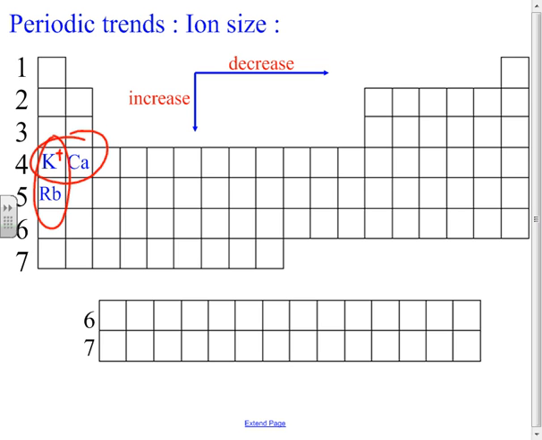Potassium will form a 1 plus ion because it only needs to lose 1 electron to become like argon, the noble gas before it. Calcium needs to lose 2 electrons to become like the noble gas before it, become a 2 plus ion. Losing more electrons makes it become smaller, but it's really because of nuclear charge.